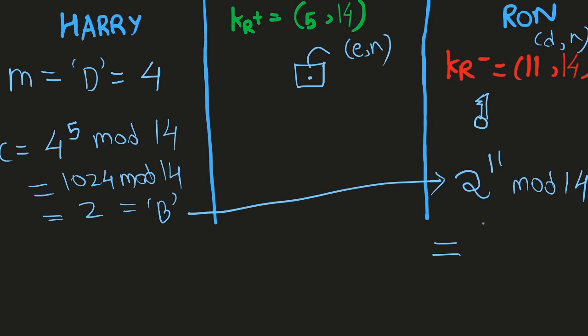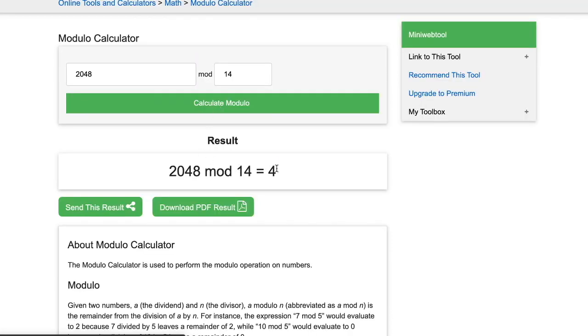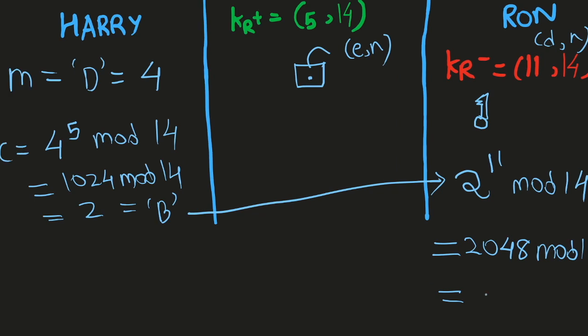What is 2 to the power 11? 2 to the power 11 is 2048. 2048 mod 14 comes out to 4, and surprise, surprise, what is 4?